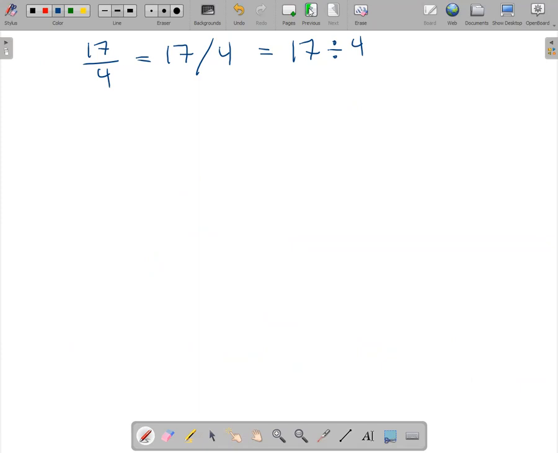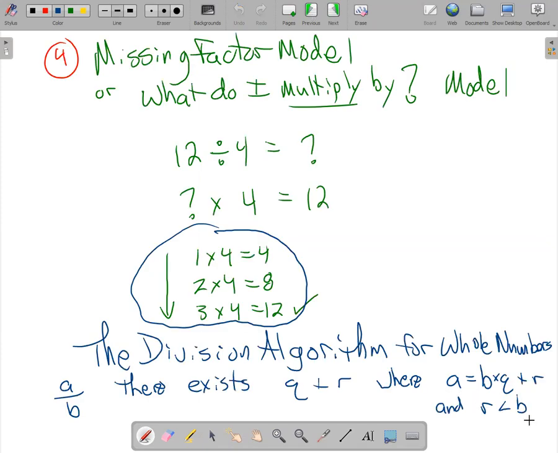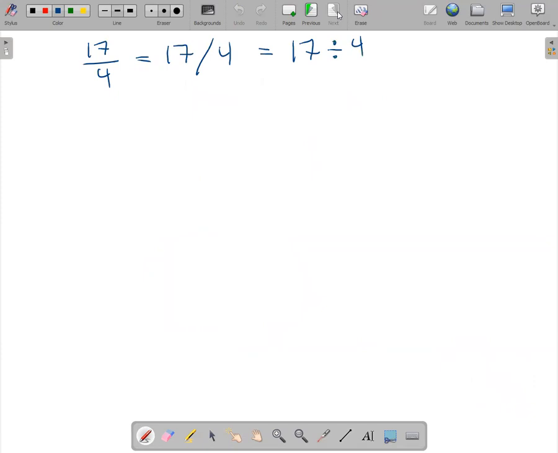R has to be less than B. So what I want to do is build 17 with multiples of 4 if possible. And so we can call it an algorithm by just stepping through one at a time.